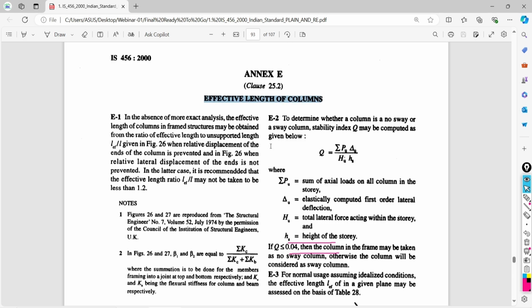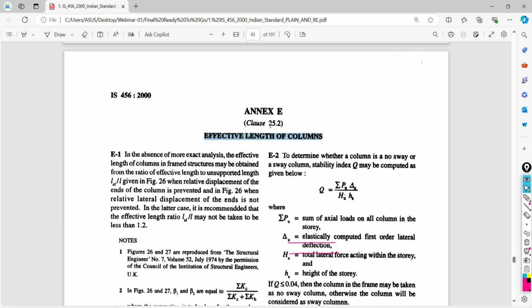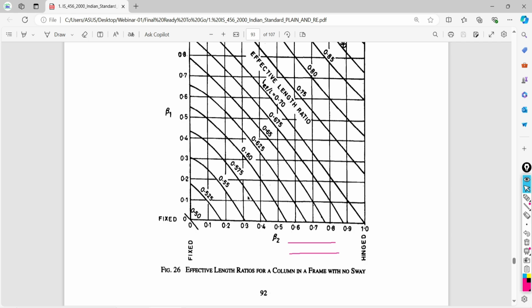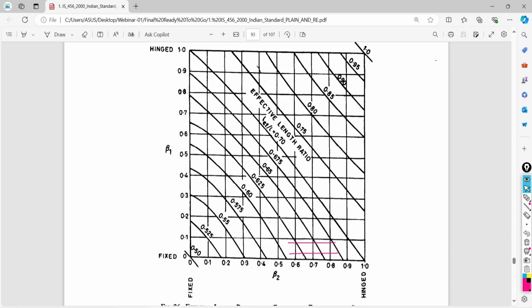If you study this annexure, you will come to two graphs, two charts, and these charts will give you the effective length ratio, which is nothing but the effective length factor K. This factor is the ratio of your effective length divided by your total actual unsupported length.